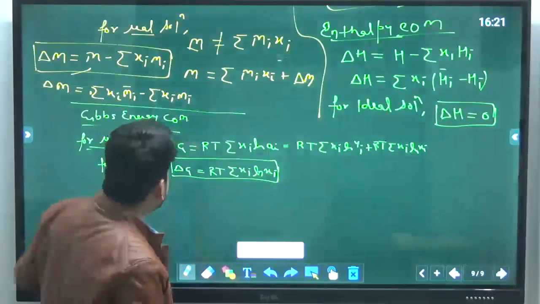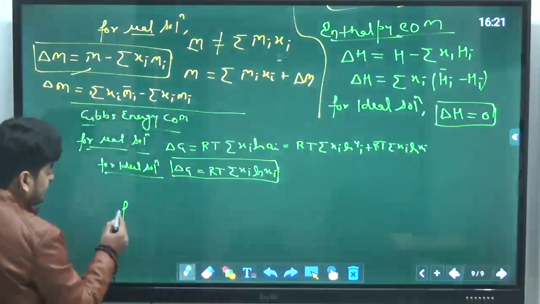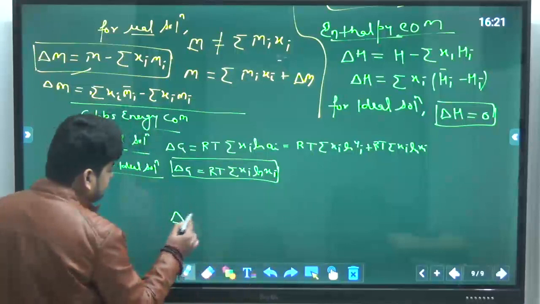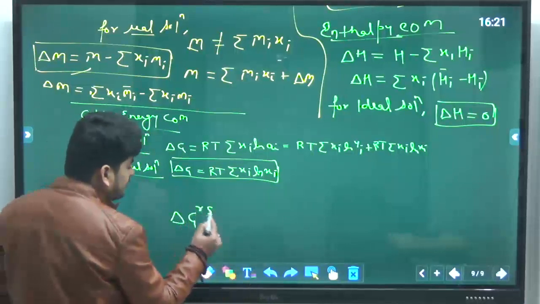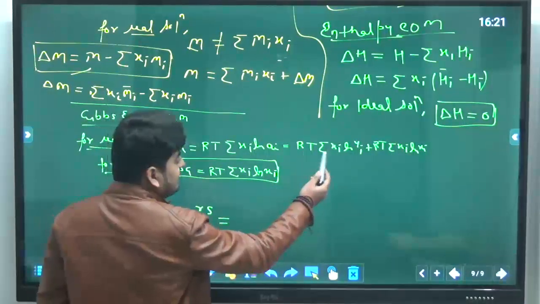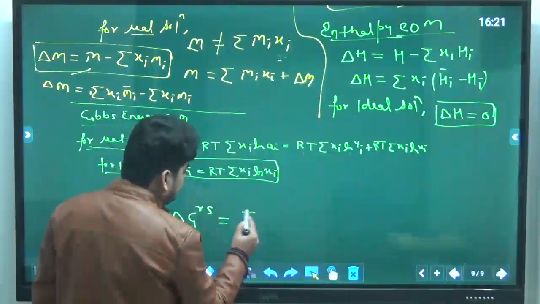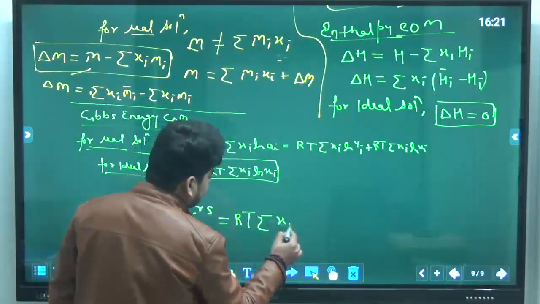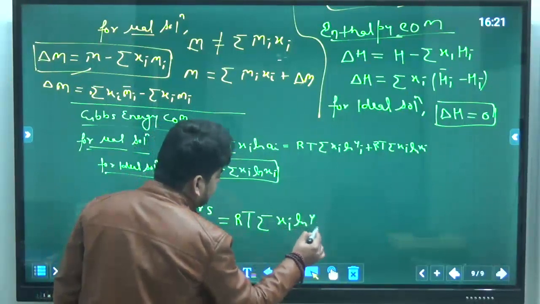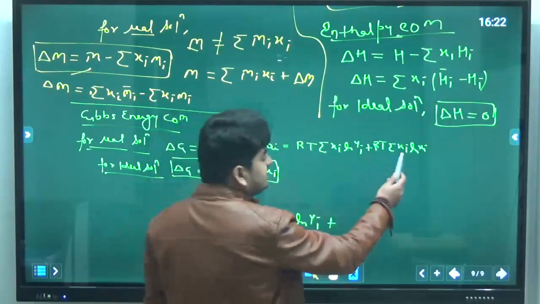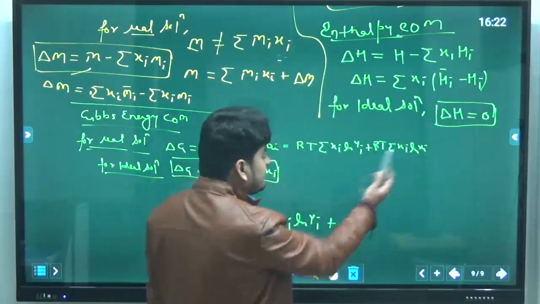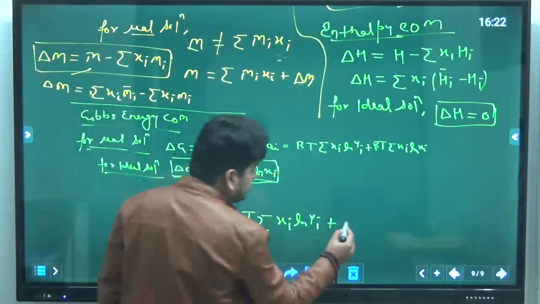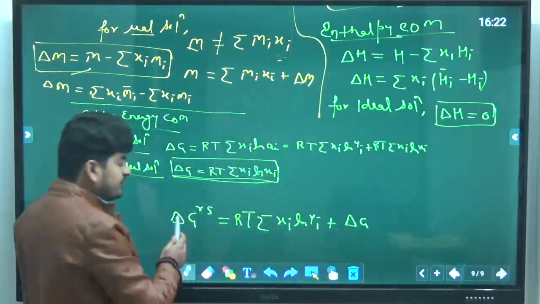Okay, and further, if you want to study this, you can say delta G for real solution is equal to RT summation Xi ln gamma i plus RT summation Xi ln Xi. What is that? That is the Gibbs energy change of mixing for ideal solution.